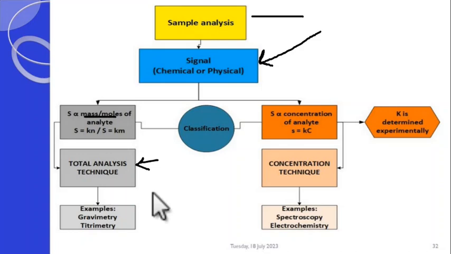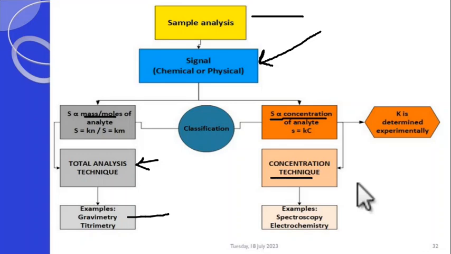Now, examples of such techniques could be gravimetry, titrimetry. Gravimetry would have to do with the mass, titrimetry number of moles. On the other hand, when your signal is proportional to the concentration, then we are looking at the concentration technique.